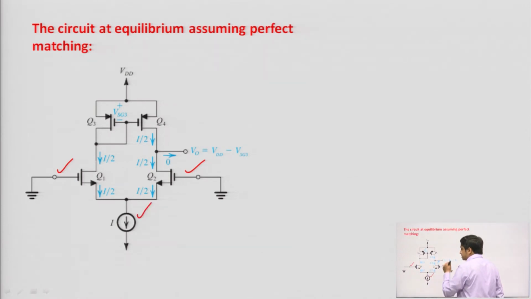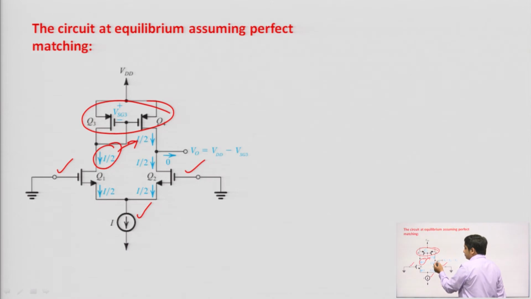The total current is I, that is the bias current, so I by 2 current will flow through the Q1 transistor. Now, you can see that Q3 and Q4 are a current mirror. So, this I by 2 will be copied to the Q4 transistor, and the current flowing through the Q1 transistor is I by 2 and the Q2 transistor is I by 2.